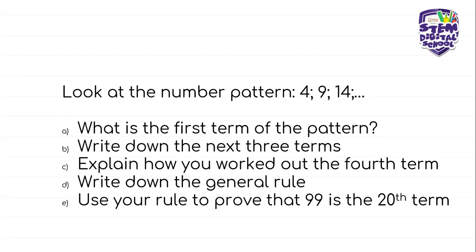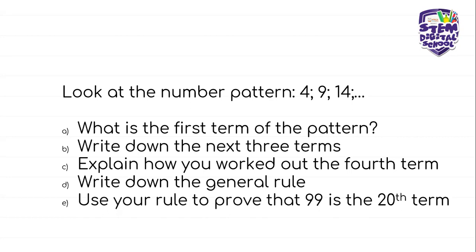Now that we have added the constant difference there, which is 5, can we now write down the general rule? Now, the general rule is something that some of the learners may find difficult to do, but of course, you can be able to write this general rule.